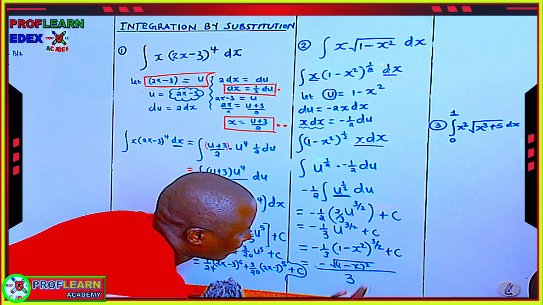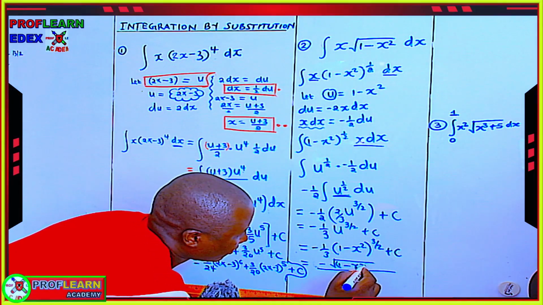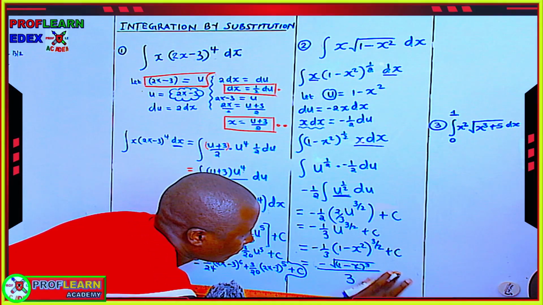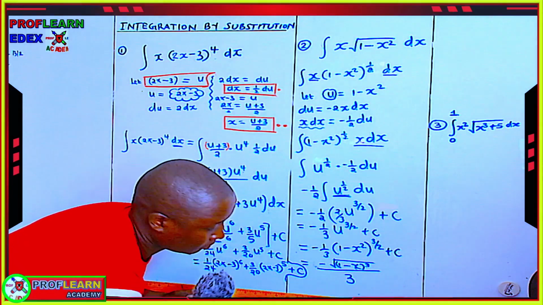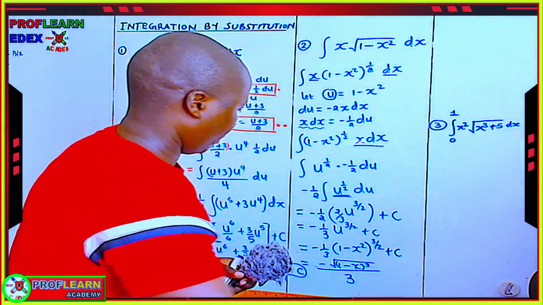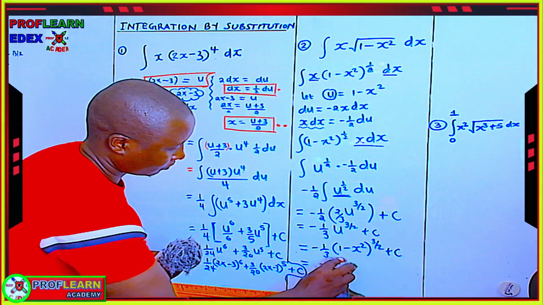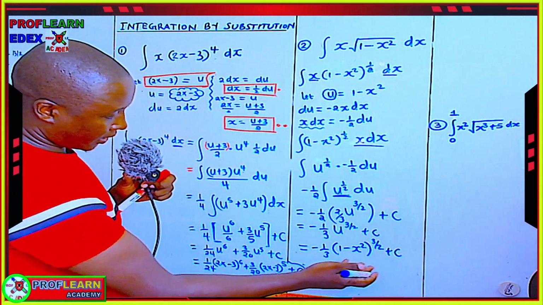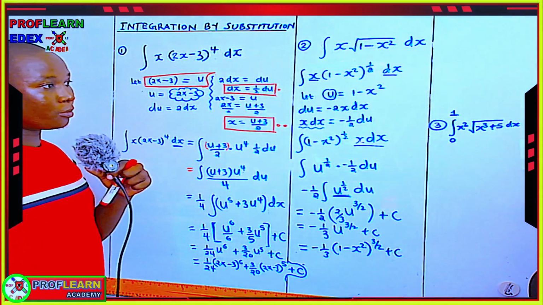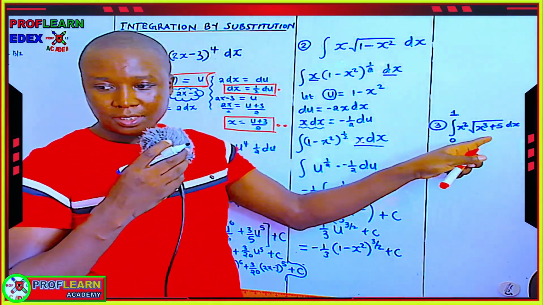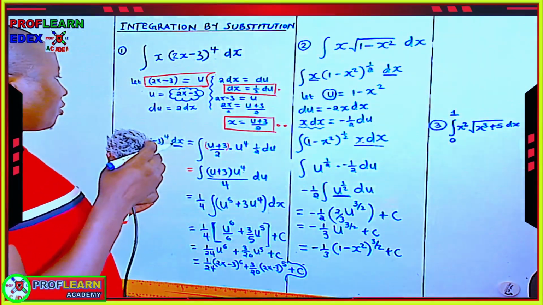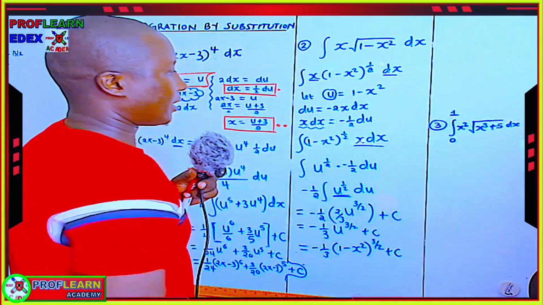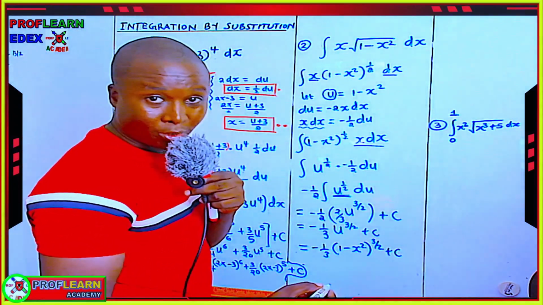So if we work out this, we are going to get our answer. Just put this straight in the calculator. Answer correct to 4 decimal places becomes 0.7815.